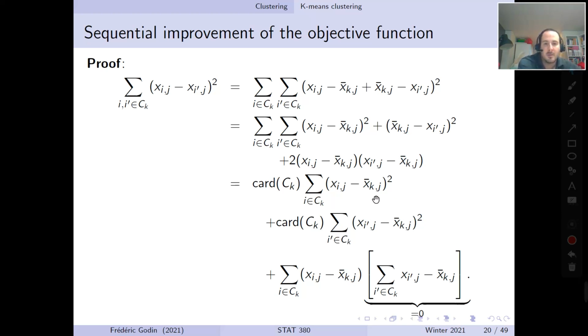And here, what remains is the cross term. So what happens when we double sum this expression? Well, what happens here is that this first term, x_ij minus x bar kj, doesn't depend on i prime.